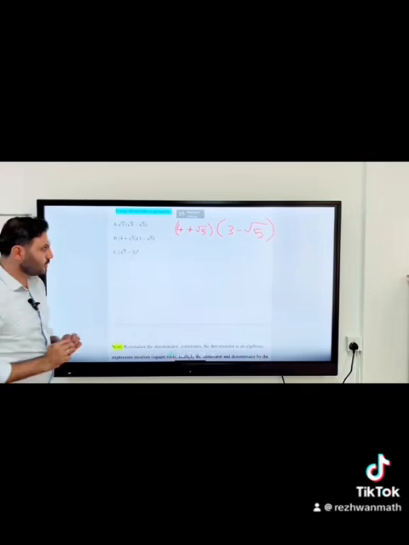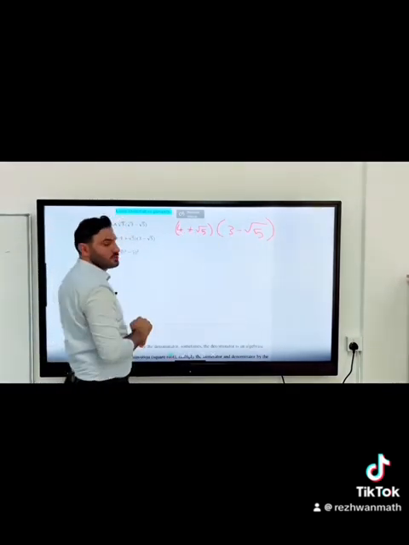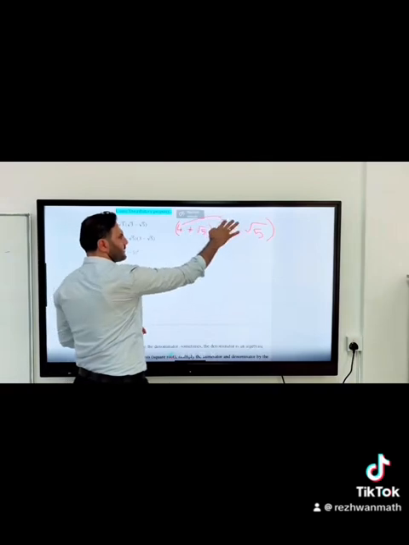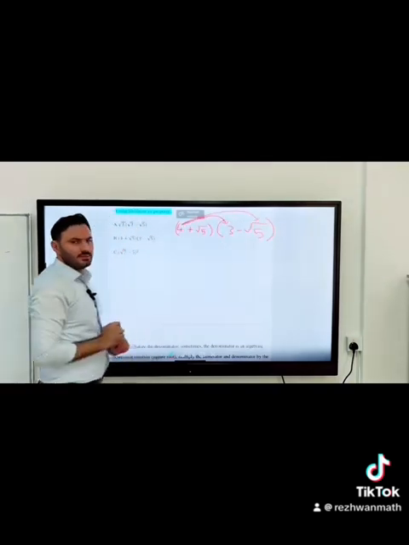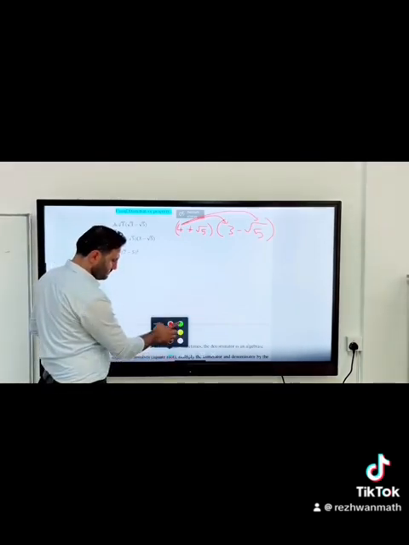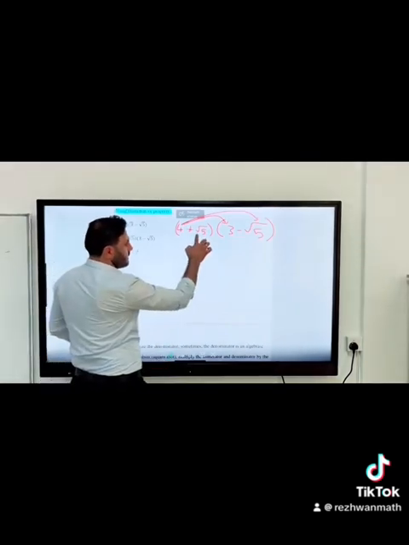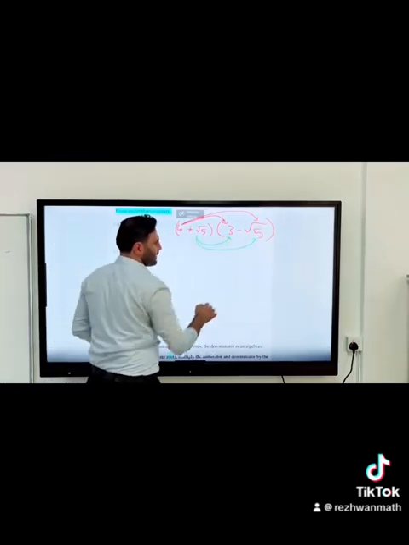Look, you have to multiply each number in the first by 3 and by negative square root 5. So 4 times 3 and 4 times negative square root 5, and square root 5 times 3 and square root 5 times negative square root 5.